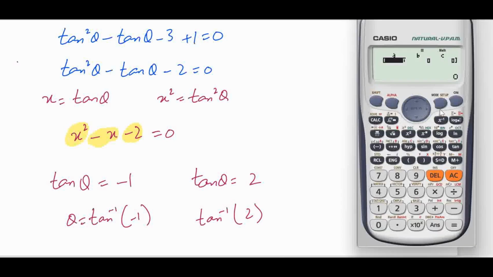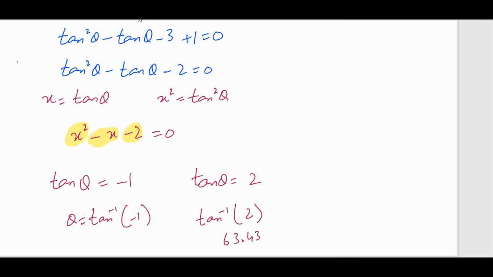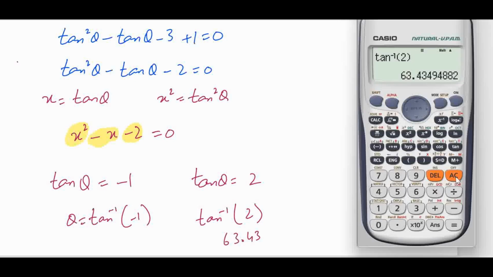So tan inverse of 2 will be equal to 63.43, and tan inverse of minus 1, shift tan inverse of minus 1, will be equal to minus 45.